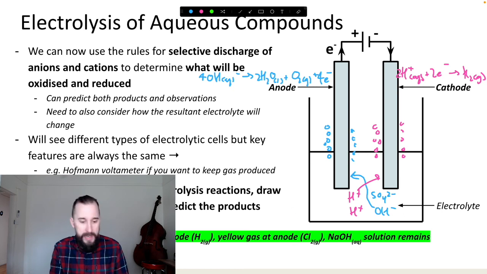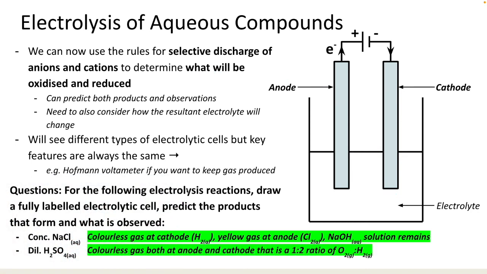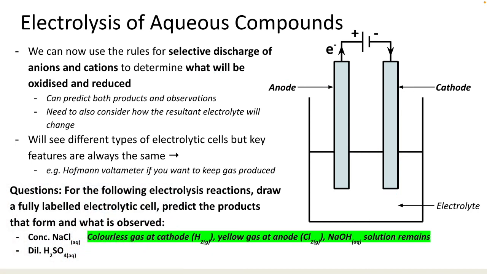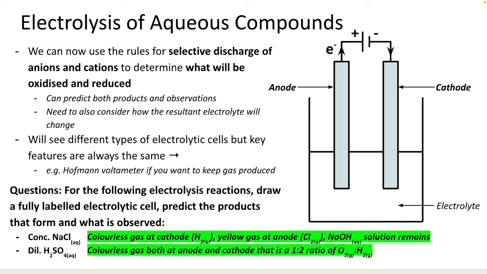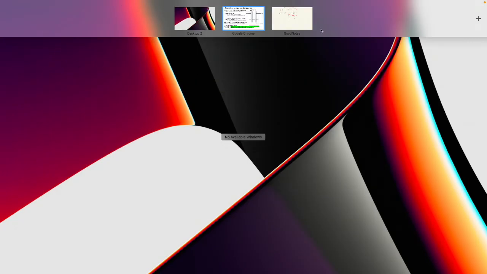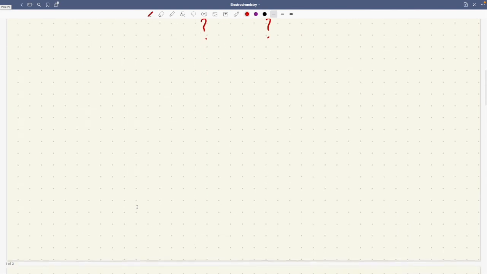So we would get colorless gas bubbling at both electrodes, where we'll end up with a 1:2 ratio. The colorless gas both at the anode and the cathode, that is a 1:2 ratio of oxygen to hydrogen. Why is that? Well, let's put together our half equations.